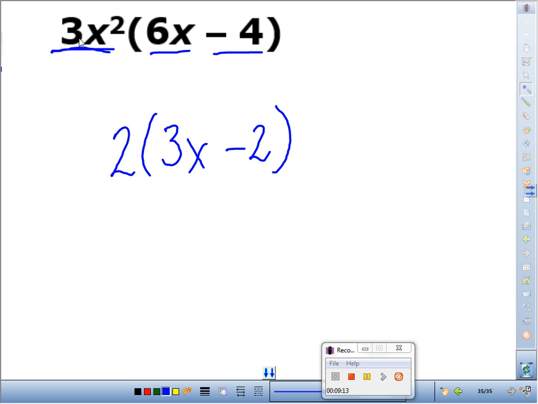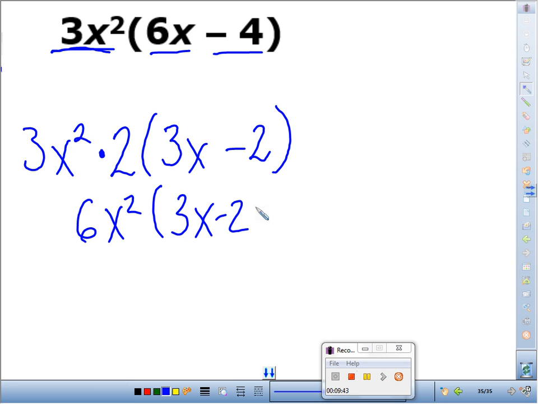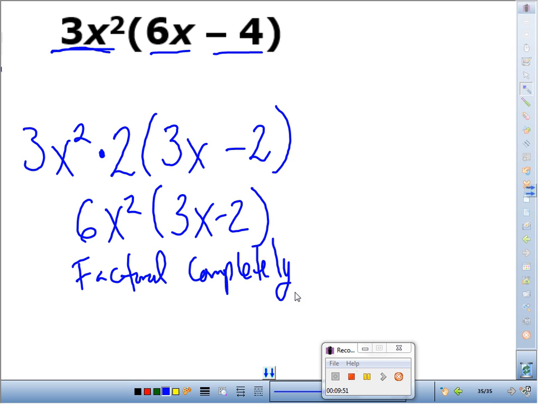However, they already had a factor, and that factor was what? 3x to the second. So now that we have two factors outside, what is 3 times 2? 6. I bring down the x squared and the parentheses. And now it's factored completely. Copy that, please. Or completely factored. Copy that.